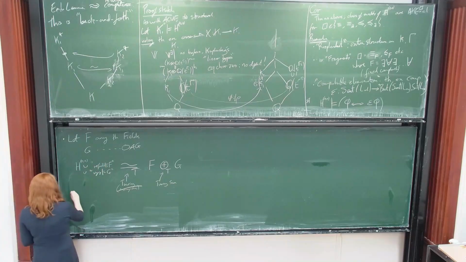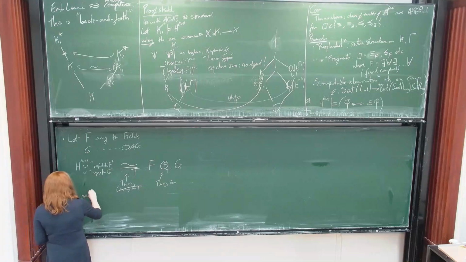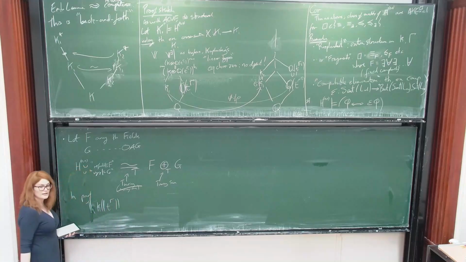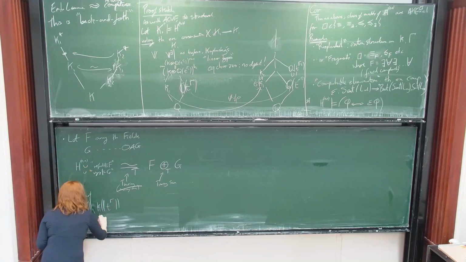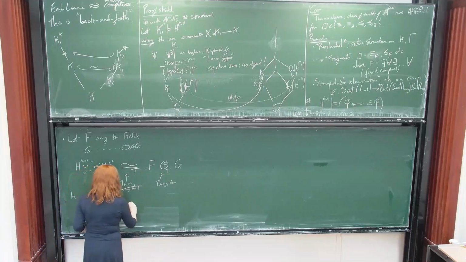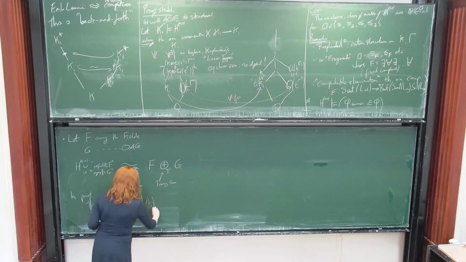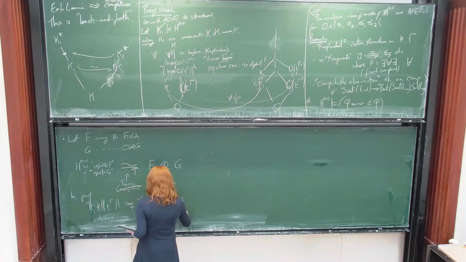In particular, the theory of this as a valued field, and again, characteristic 0, is Turing equivalent to the theory of K, Turing sum, the theory of gamma.